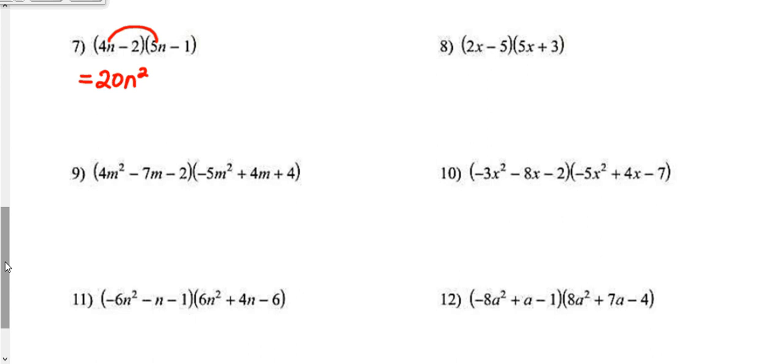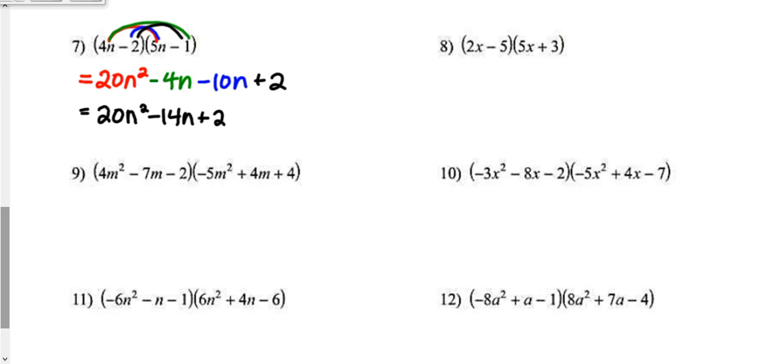And then your outer terms, negative 4n, inner, negative 10n, and last to be a positive 2. And then when you combine your like terms in the middle, you get 20n squared minus 14n plus 2, which is your final answer.